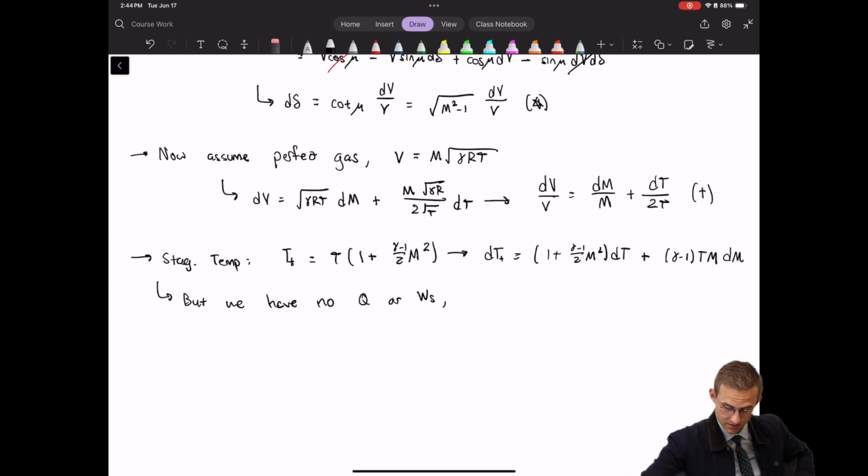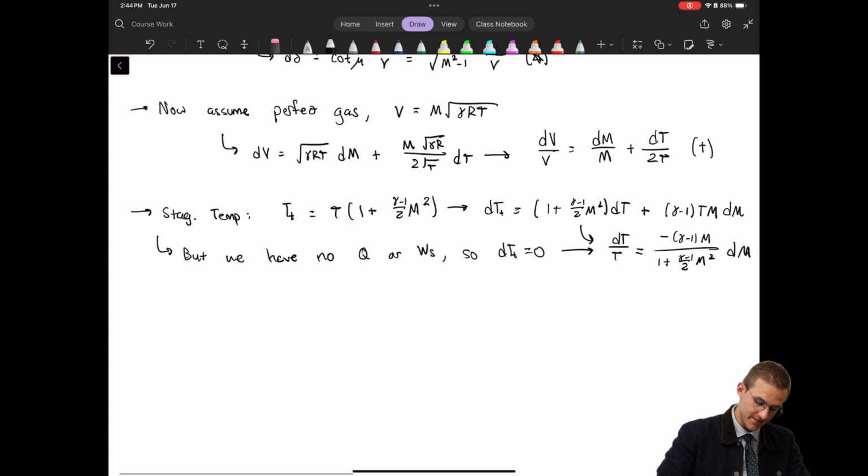So dT0 is equal to 0, and these two things allow us to write that dT over T is equal to minus gamma minus 1 M over 1 plus gamma minus 1 over 2 M squared dM.